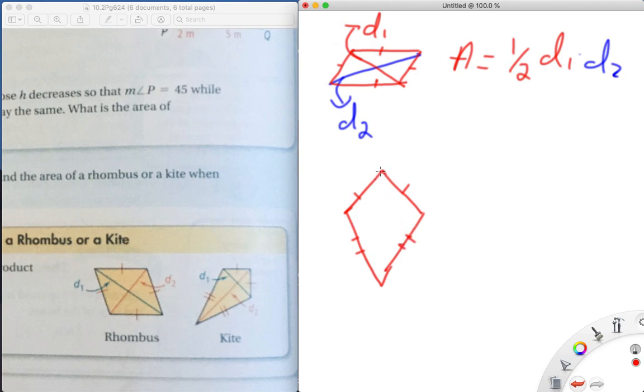We have diagonal number 1 going down. We call that diagonal number 1. We have diagonal number 2 cutting across this way.